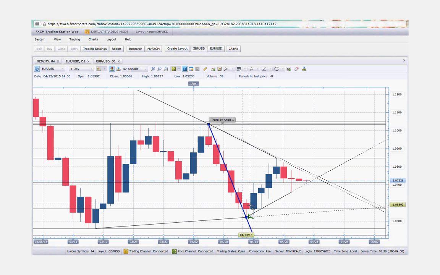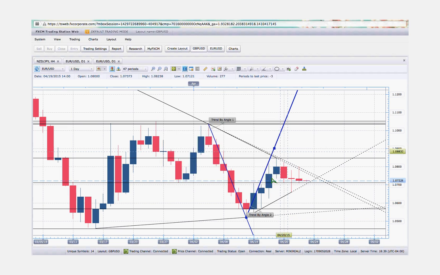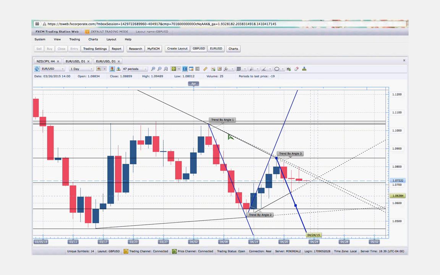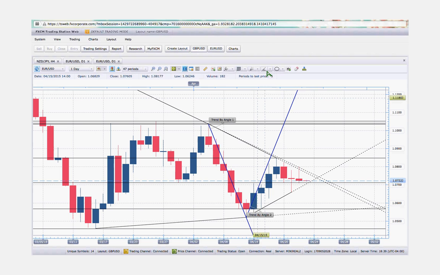And then that would be 68. Maybe it should be 292. I'm just going to do it freehand or else it's not going to work. 292.